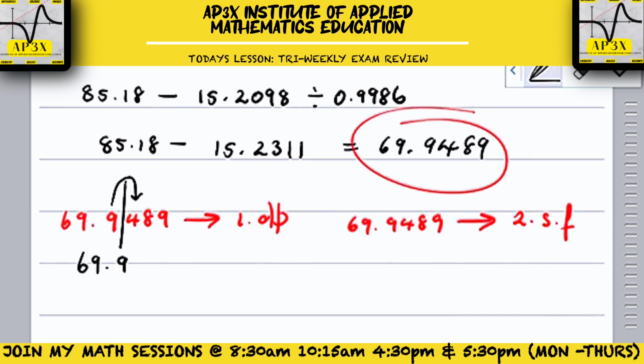Now you have to be a little careful because there are going to be examples where zeros are significant.